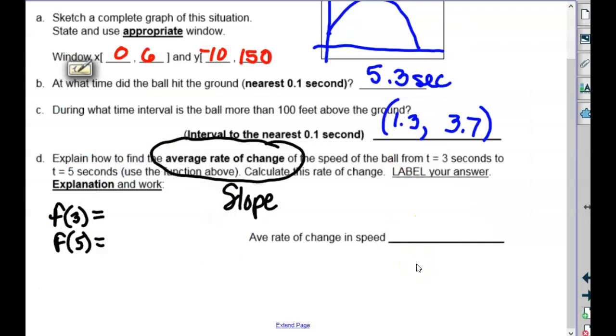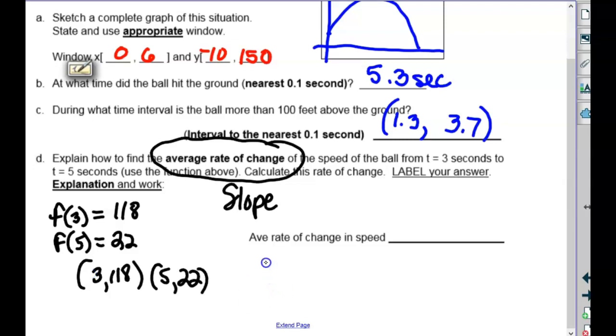All right, then what? Okay, so again, we're really using the points (3, 118) and (5, 22), and you can write them that way, I don't care. So change in y over change in x.